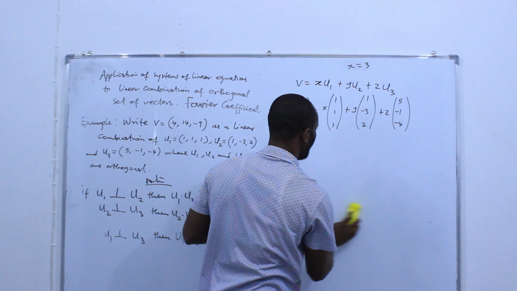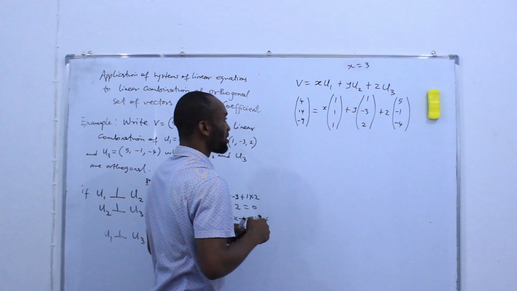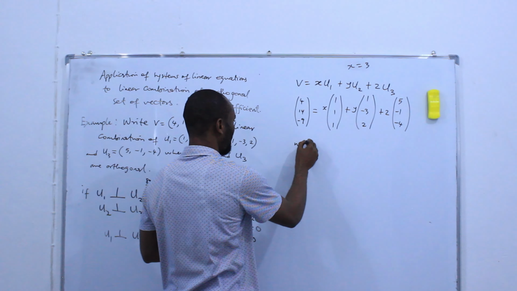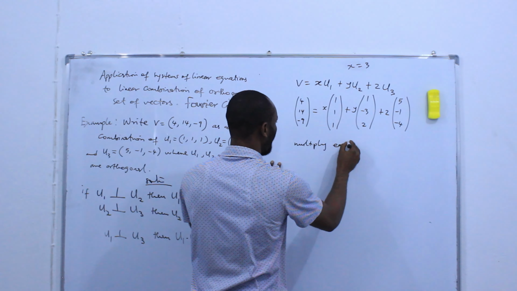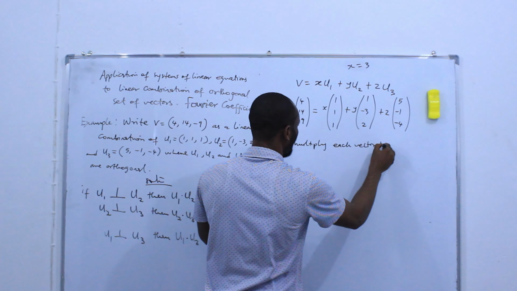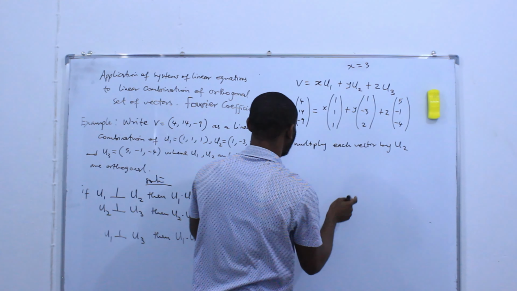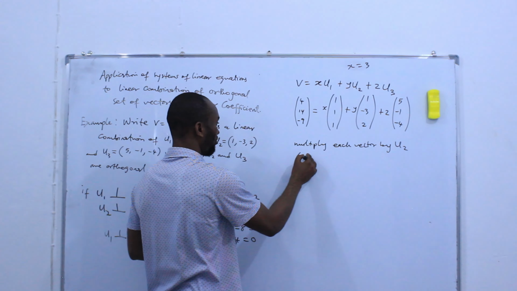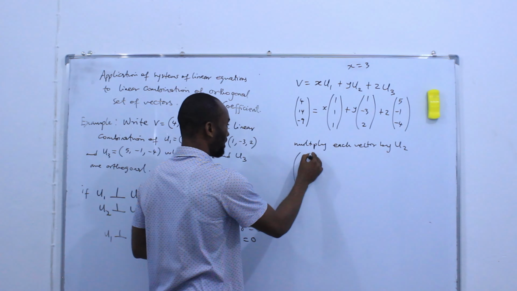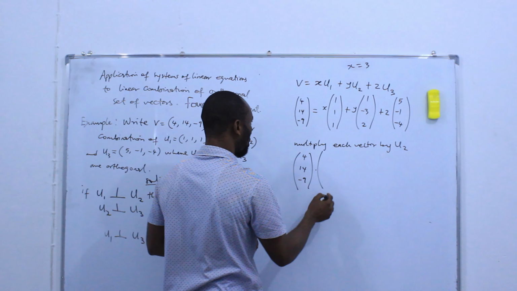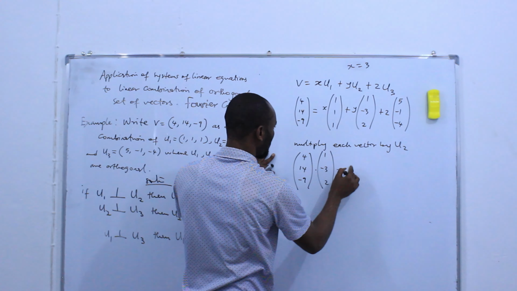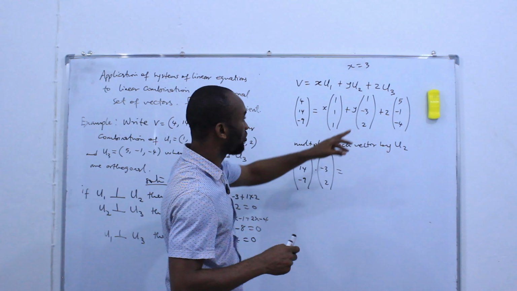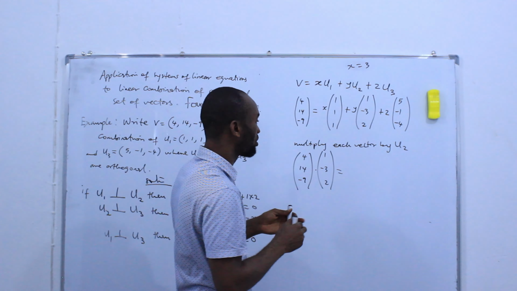Now, if I multiply, this time, each vector by u2, I will have 4, 14, minus 9 dot product with u2, which is 1, minus 3, 2, equal to: if I take the dot product of u2 with u1, here will become 0.